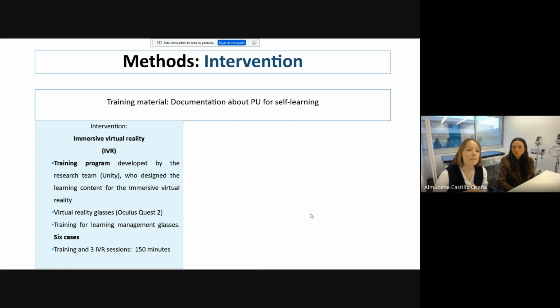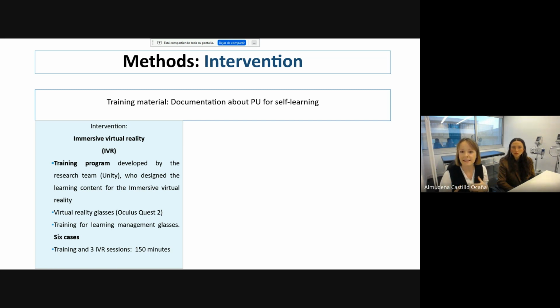Before doing the immersive virtual reality and the traditional way of teaching, we shared with the students the same training material, a document about pressure ulcers for self-learning. The intervention was immersive virtual reality. Along with engineers, we designed 6 cases, and the students come to the nursing lab, where we have the Oculus Quest 2 virtual reality glasses.